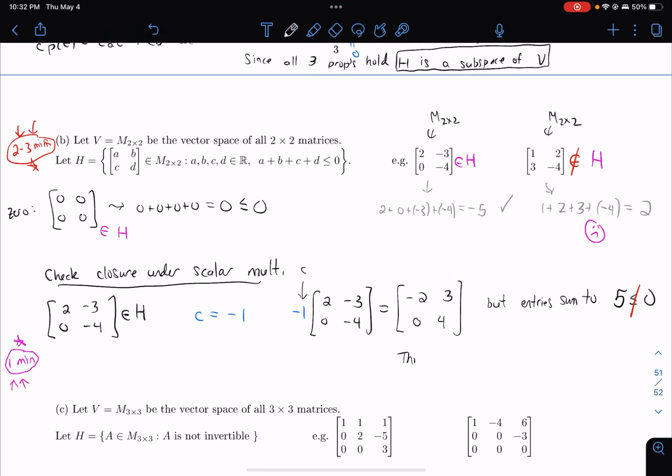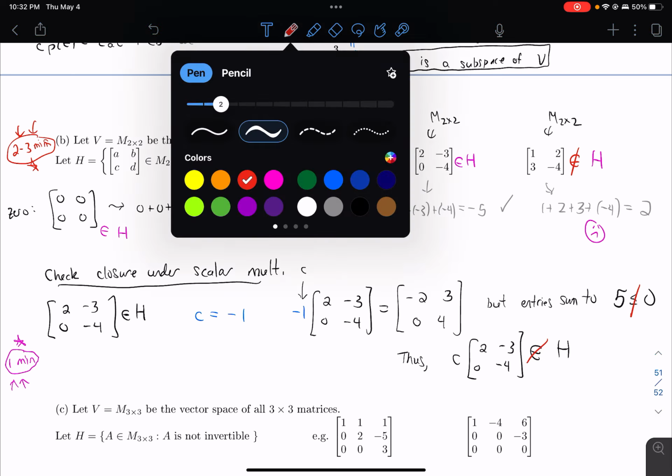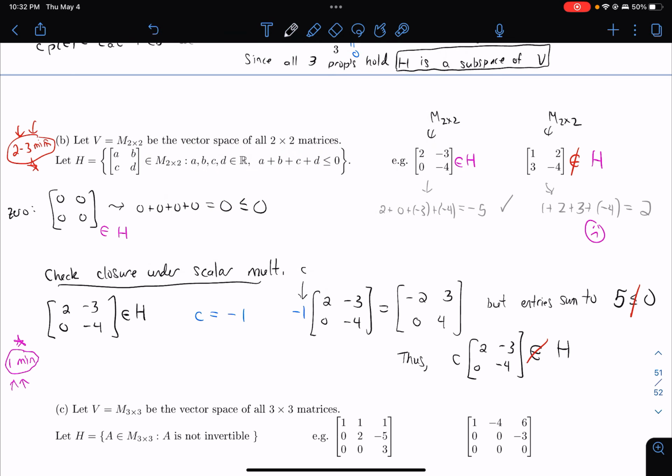Thus, C times my matrix, 2, -3, 0, -4, is not in H. I'll put a slash through that. That is not in H. This violates the scalar multiplication property.